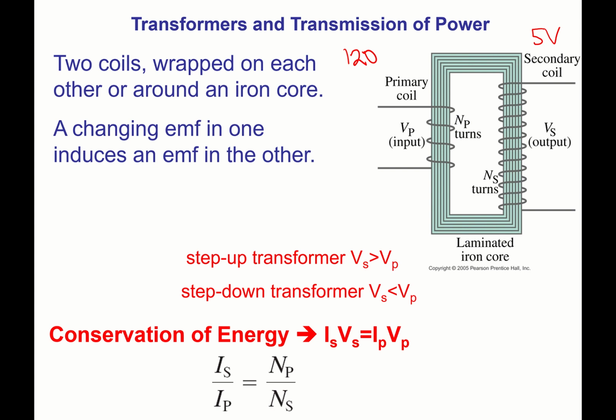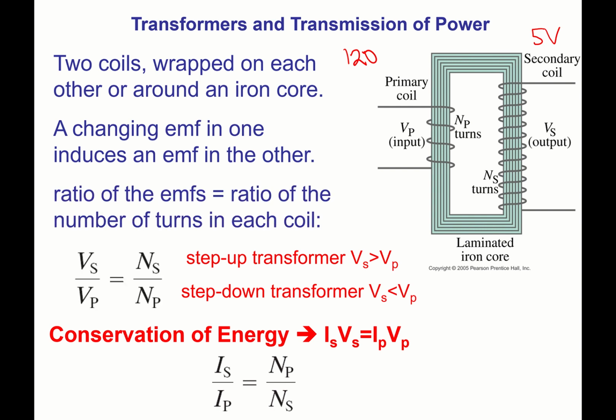One coil comes from the primary side that you plug into the wall, and the other coil goes to the secondary side, which goes to the charger that connects to your phone. By varying the number of turns on the primary and the secondary side, we can vary what voltage we get on the secondary side compared to the primary side.